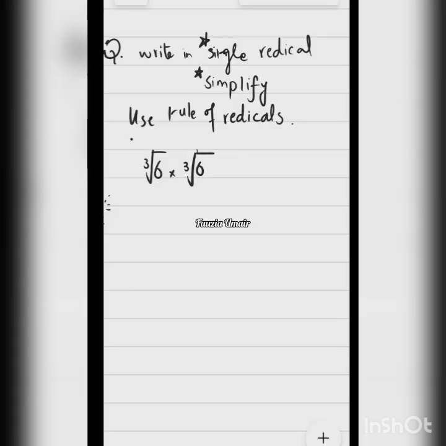Which law? Product law. So what does the product law say? If the index is, don't get confused that 6 is also same. It does not matter. Our criterion is that the index of the root is the same and there is a multiplication sign. So we can simply write like this, 3 and the 6 are multiplied.